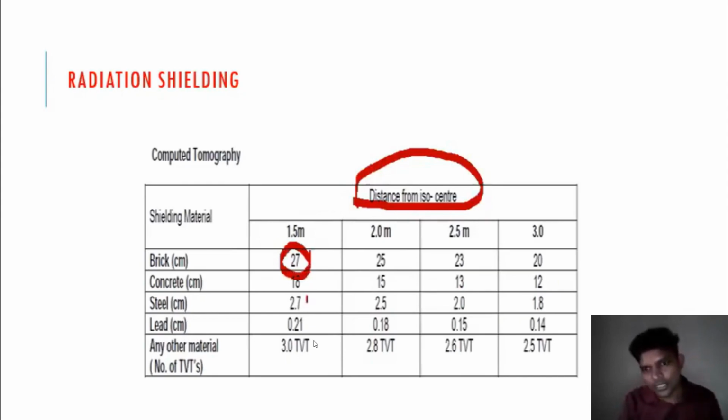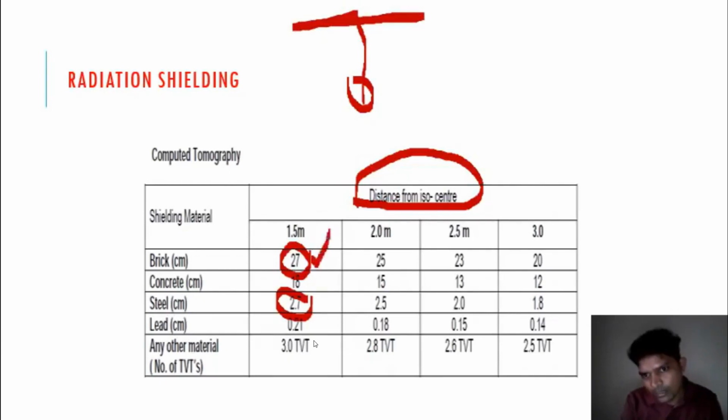If you are using steel, 2.7 centimeters. If the distance from the isocenter to the wall is 1.5 meters, then if you are using bricks, 27 centimeters of wall thickness should be there.